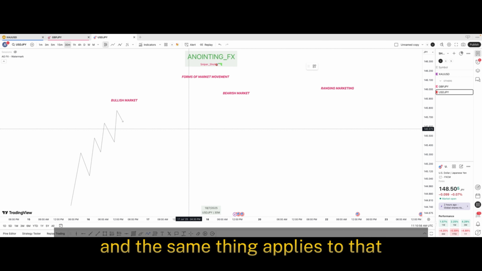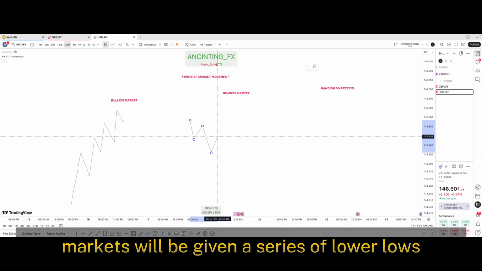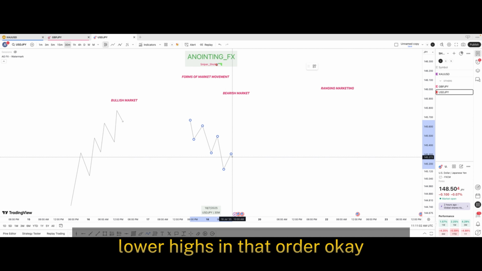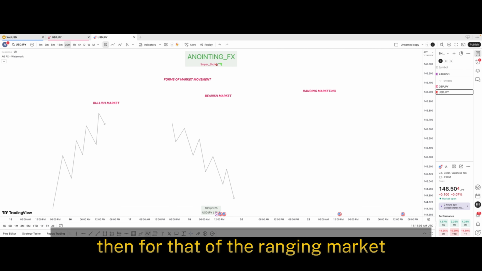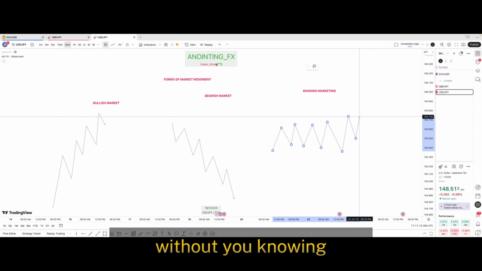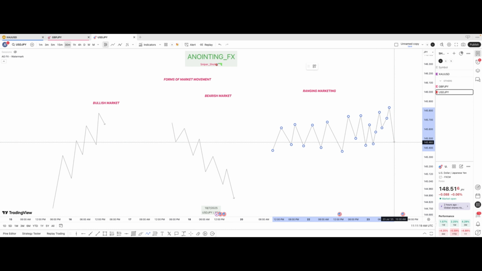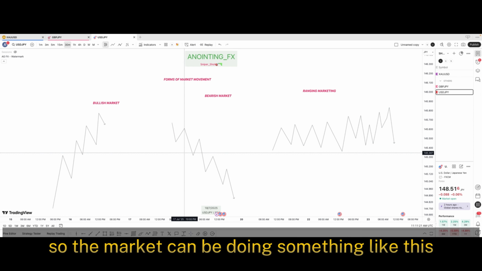The same thing applies to the bearish market. Market will be giving a series of lower lows, lower highs in that order. Then for the ranging market, price will just be consolidating within a price range without you knowing the direction at which the market is going. So the market can be doing something like this.